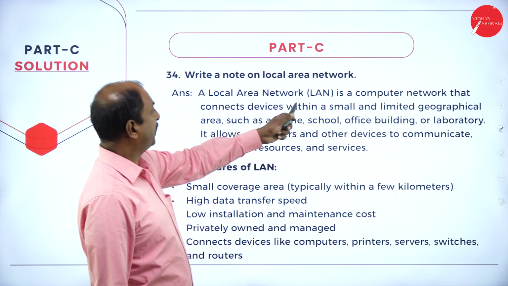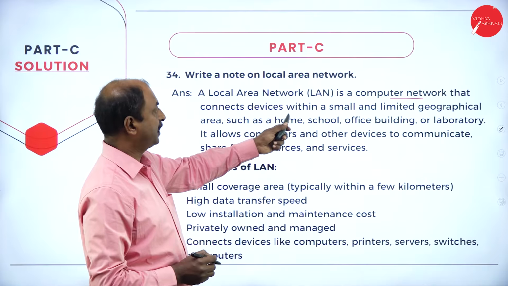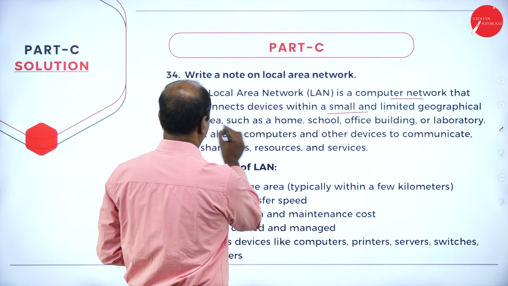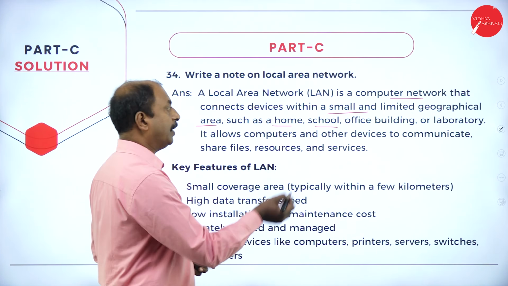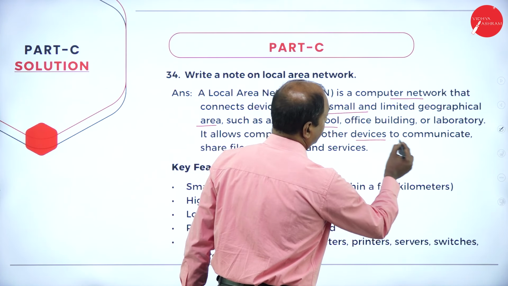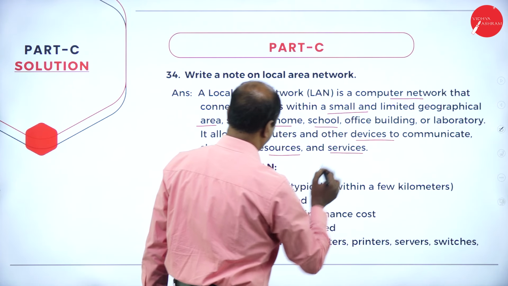It is a computer network that connects devices within a small and limited geographical area, such as a home, school, office building, and computer laboratory. It allows computers and other devices to communicate, and share files, resources, and services.